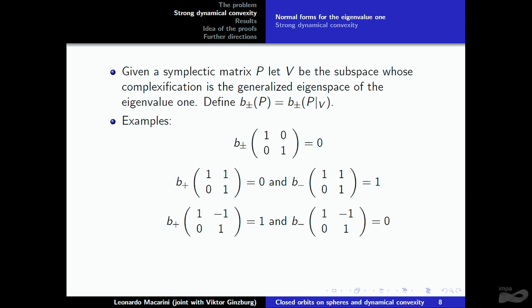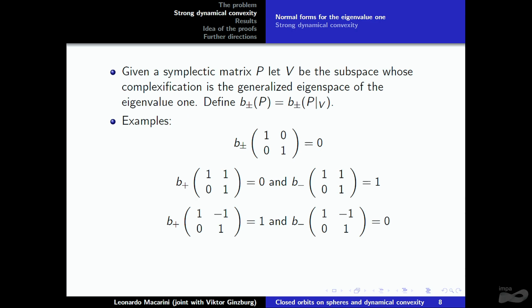Just a few examples, at least in dimension 2, just to have some intuition. So you see, in the case of the identity, of course, B plus minus is 0, because then you have the identically 0 quadratic form. And for these other matrices, it depends on the nilpotent part of the matrix.